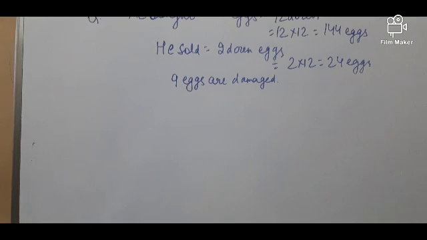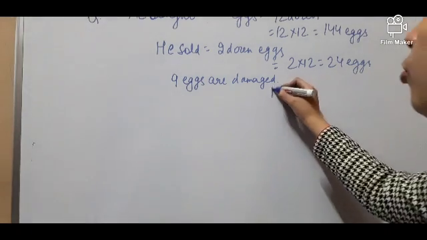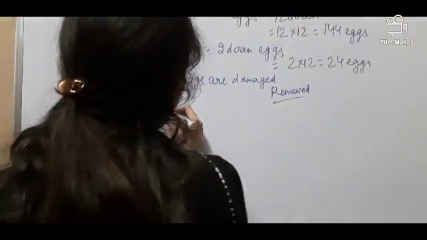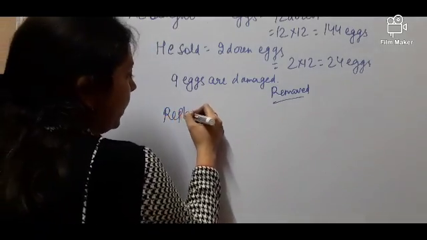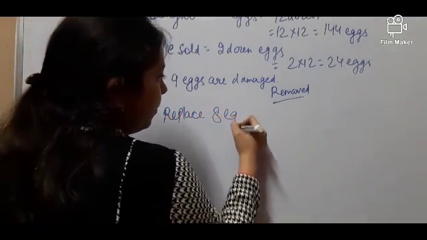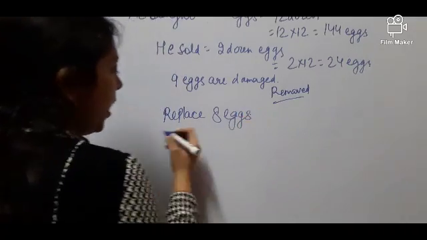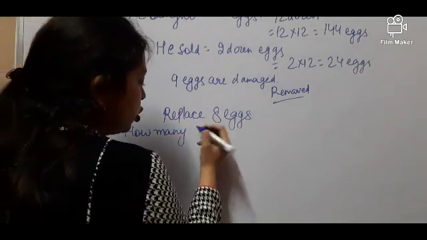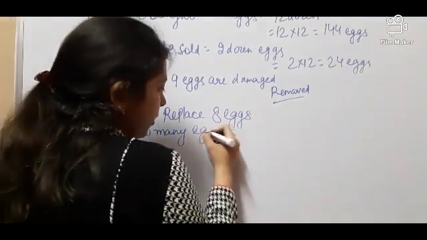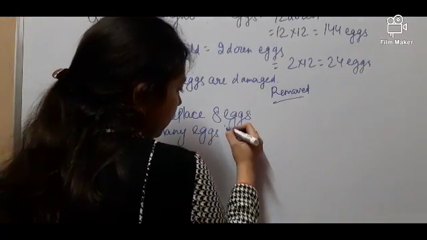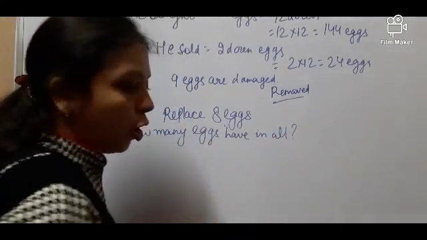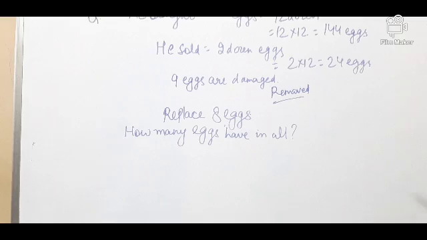He removed these 9 eggs and then replaced 8 eggs. We have to find how many eggs the shopkeeper has in all at the end.